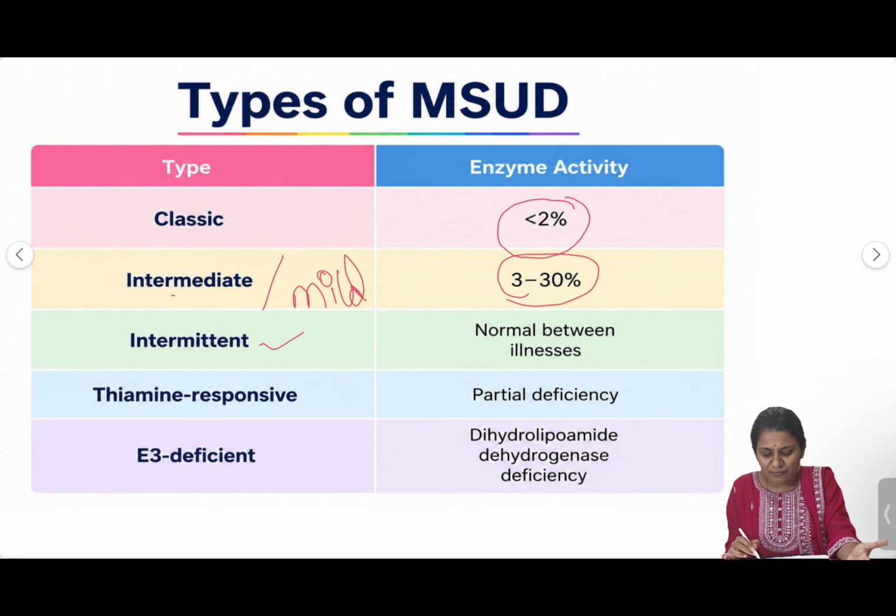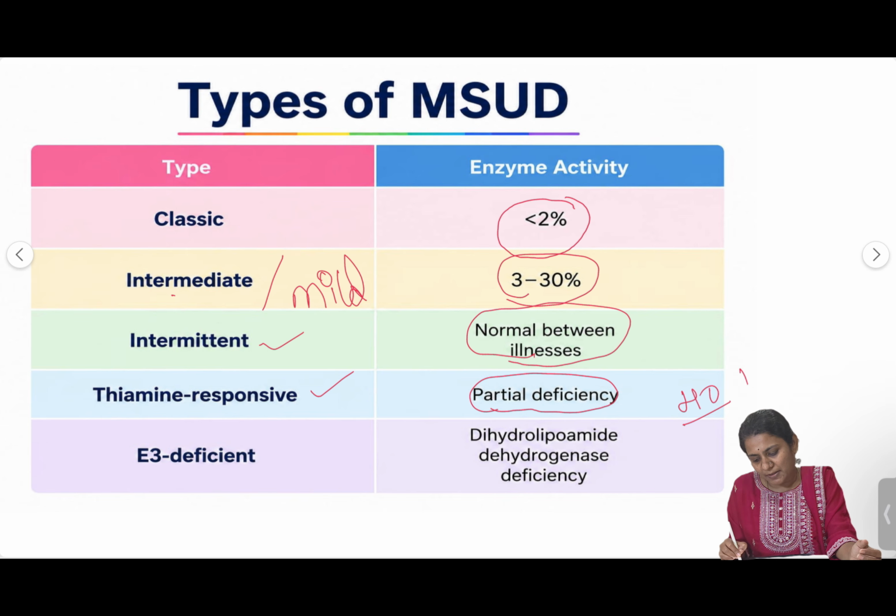Child might go into encephalopathy. So the child is normal between the illnesses. There is something called the thiamine responsive type of MSUD, where the enzyme is partially deficient. Sometimes the enzyme is up to 40%. So what is happening in this? I have told the enzyme is a complex enzyme.